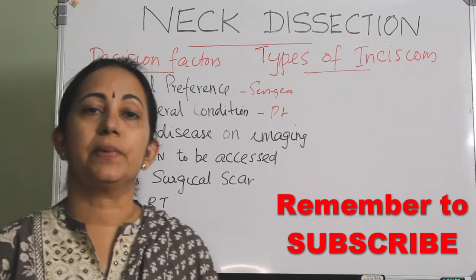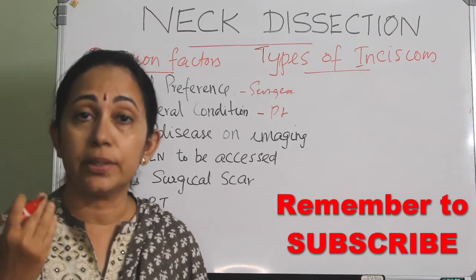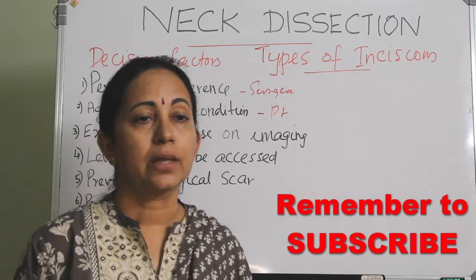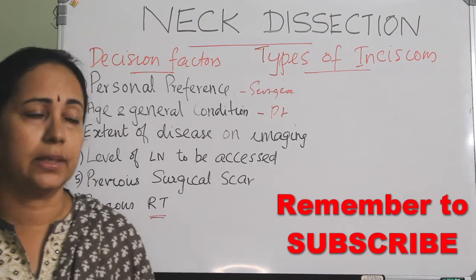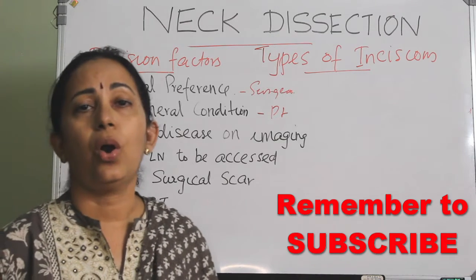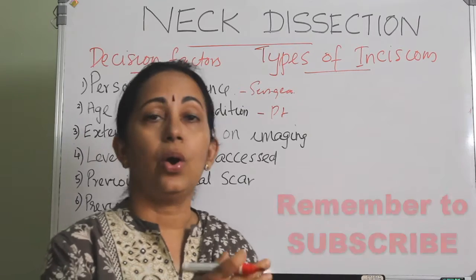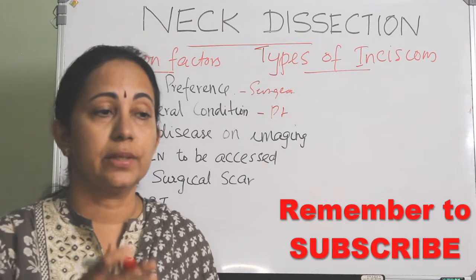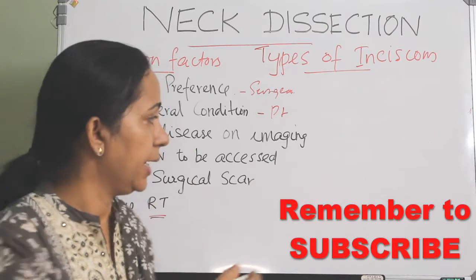The general principle is that if the neck is not irradiated previously, then either the apron flap, the Gluck-Sorensen incision, or the Y incision, or a trifurcate or Schobinger incision with the vertical limb as a lazy S incision.